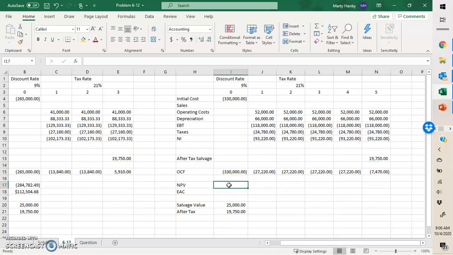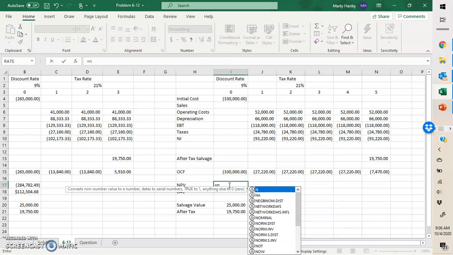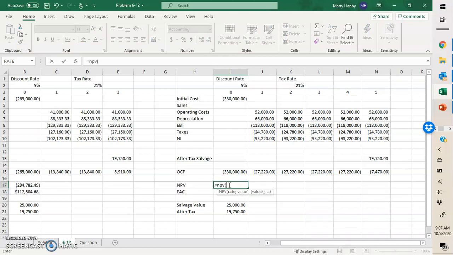All right. So NPV equals NPV. Okay, so rate's the 9%, comma. The values are these values right here after the initial cost, and we add back the initial cost. You get NPV.